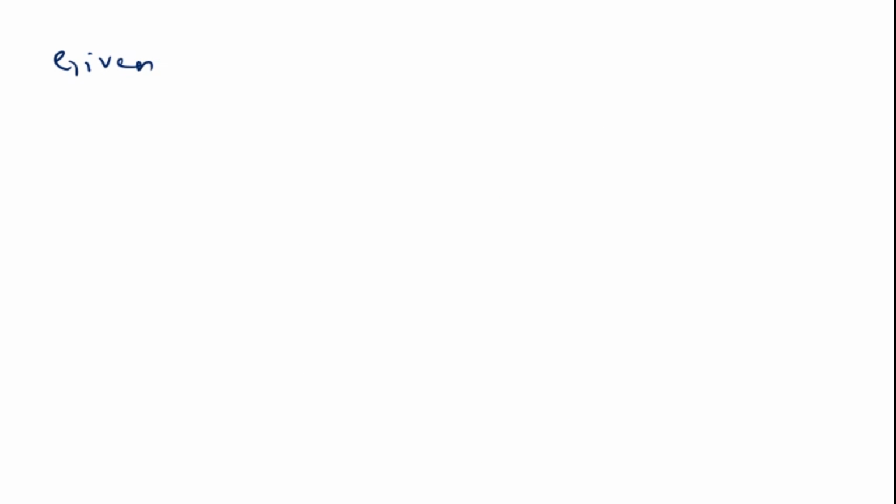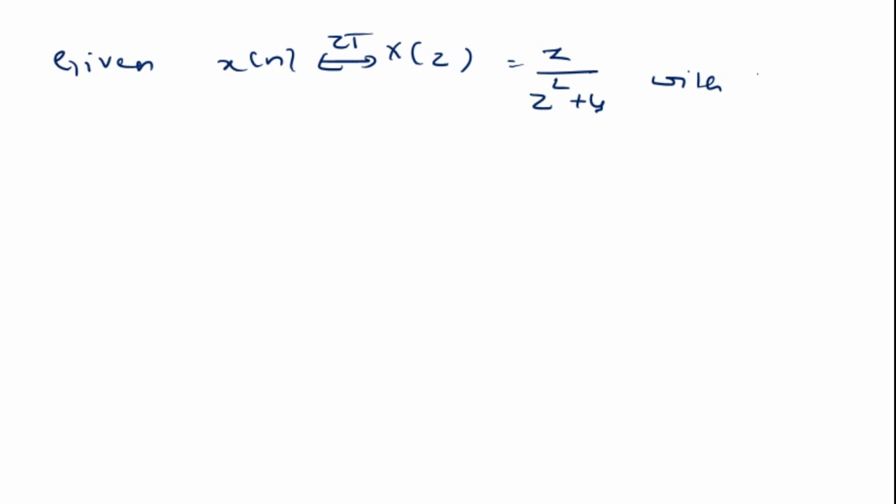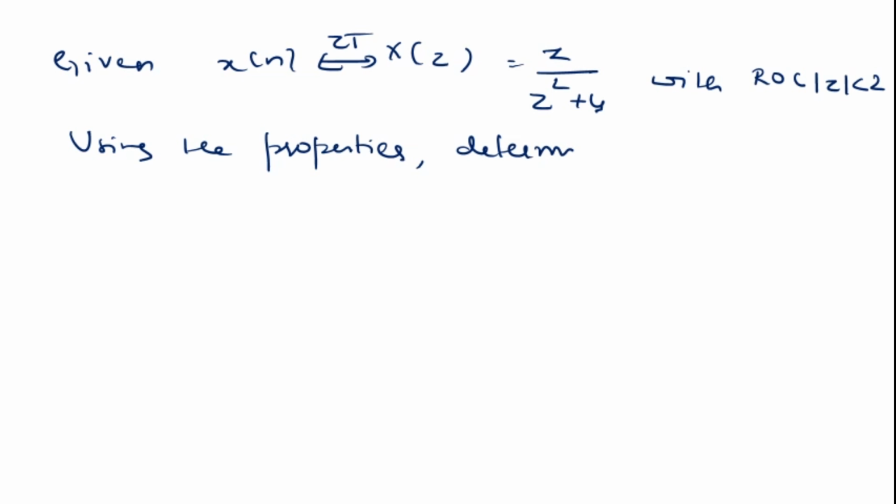Given x of n, if we take z transform, we get x of z, which is equal to z by z square plus 4 with ROC mod z is less than 2. Using the properties, determine the z transform of the following signals.